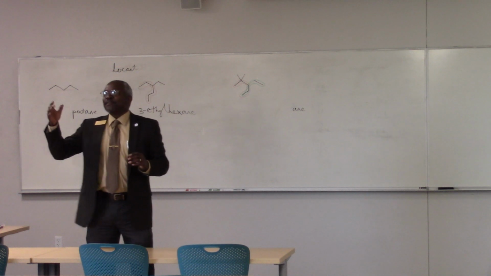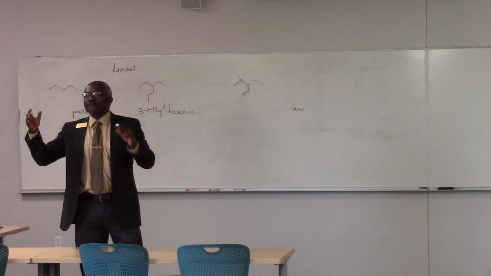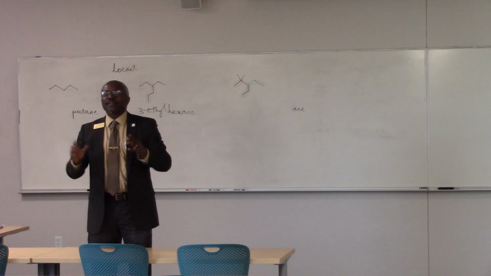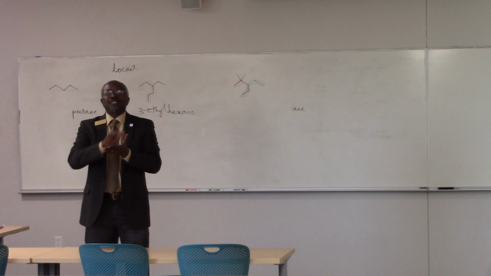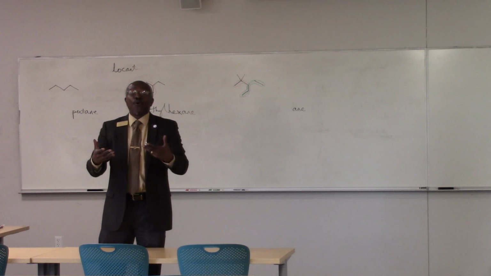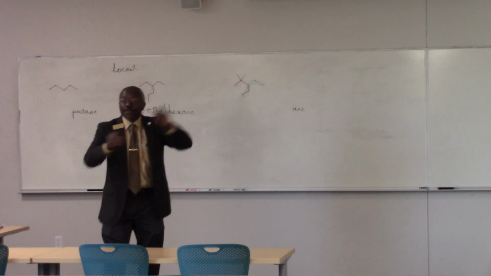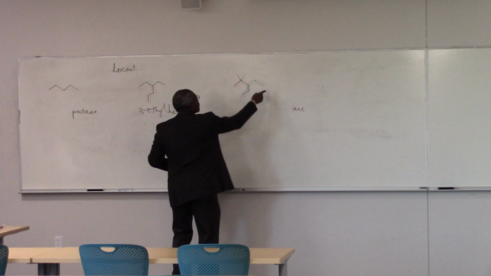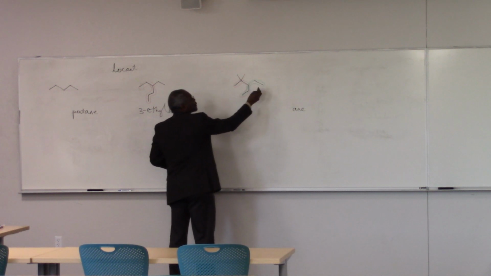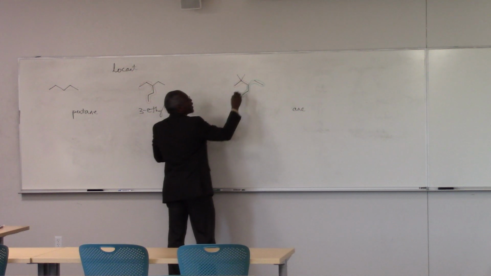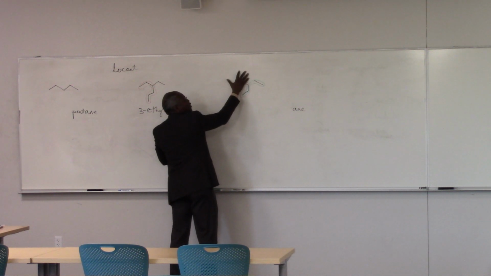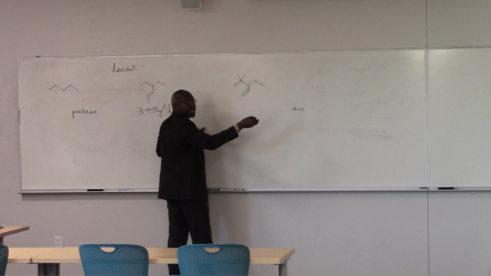But when I have two different options for the longest chain, I want to pick the chain that is more highly substituted. There are more things coming off of it. So if I pick the green one, which is also 5, 1, 2, 3, 4, 5, then I'll only end up with a single substituent on the chain.